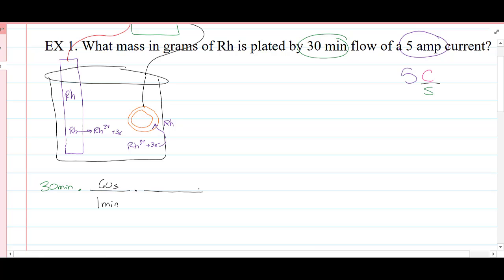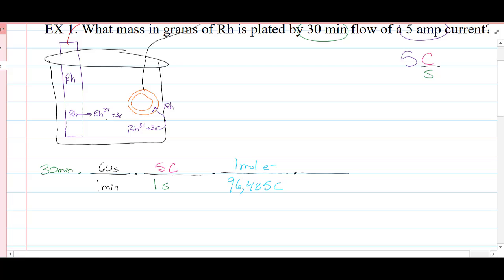For every 1 second, there are 5 coulombs. Then there are 96,485 coulombs per 1 mole of electrons.